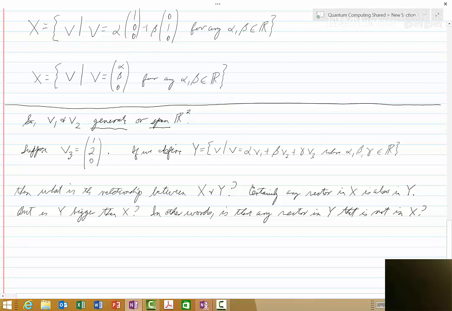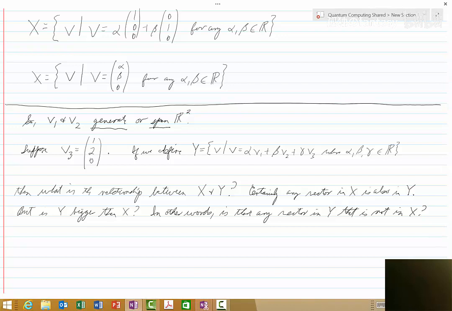This is an interesting question here. Is Y bigger than X? We know that anything that's in X is certainly in Y, but are there any things in Y that are not in X?